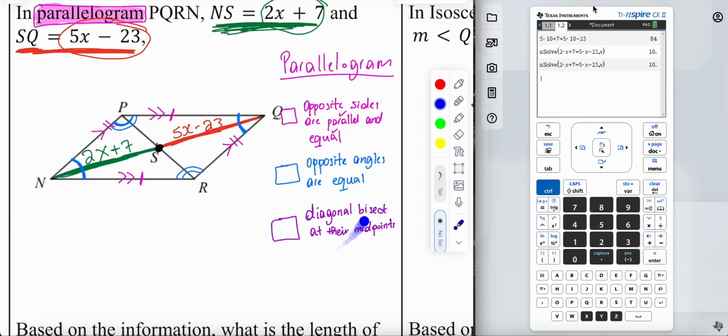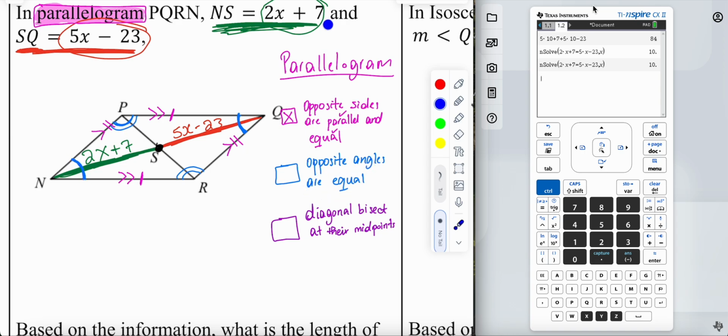So which one do you think we're going to be using for this problem? Well, this is talking about opposite sides. We were not given any information regarding the sides, so we're not going to be using this property. This one speaks about opposite angles.